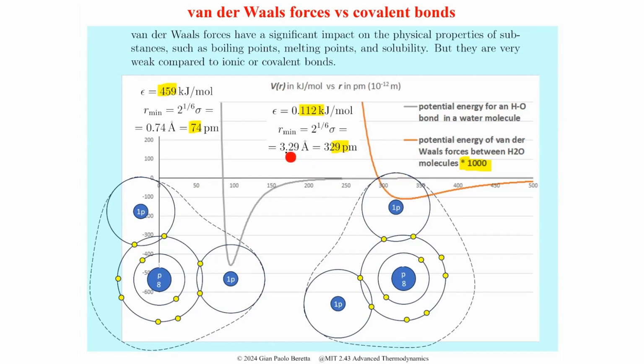So it's like 3 angstrom here, or 300 picometers here, and instead for the covalent bond it is of the order of 74. So they have to get much closer in order for these much stronger forces to get in play and hold the molecule.